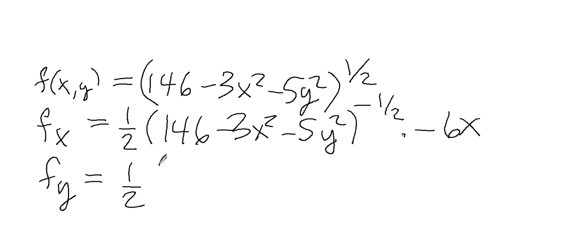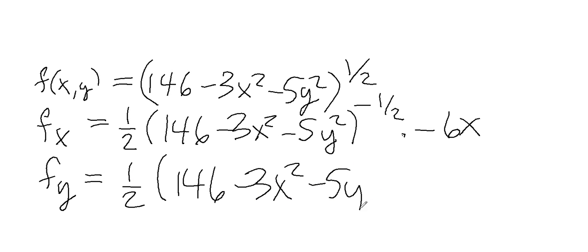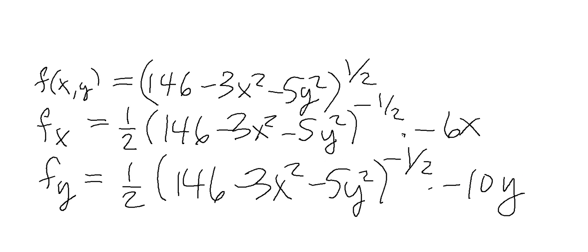And then similar for the y derivative, still 1/2, 146 minus 3x squared minus 5y squared, to the -1/2, but then we do a y derivative of the inside, which will differentiate that term, so -10y. And so each of these you can write as a square root in the denominator.